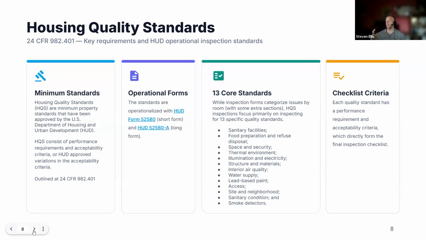The next slide will demonstrate that and how it all plays out operationally. That plays out in the HUD forms, the 52580, the short form, or the 52580-A, the long form. So what is rooted in regs is shortened to a checklist.